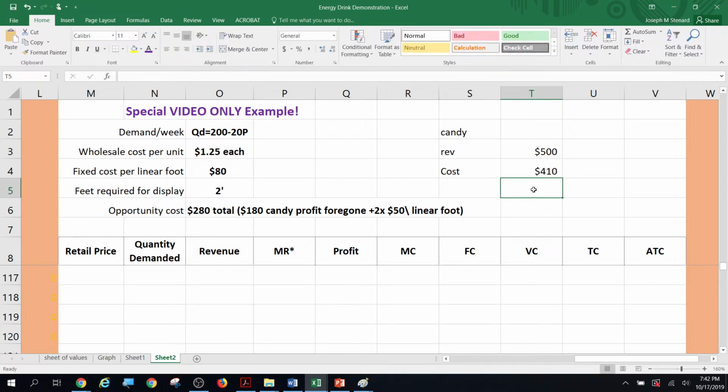Then the amount of profit that we have is equal to the 500 minus the 410 for candy. Or that is, each foot of candy shelf is making us $90 in profit.